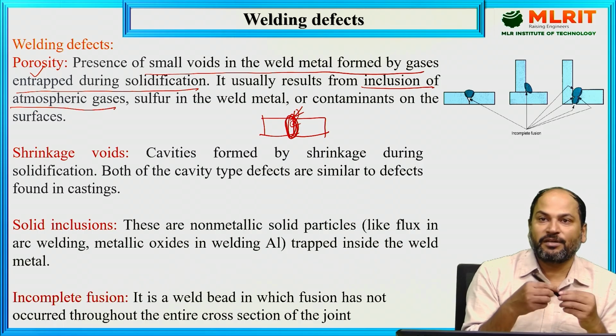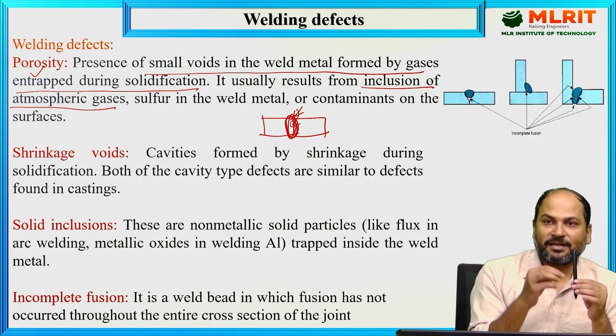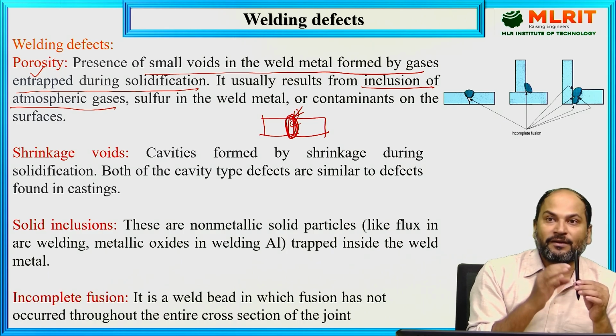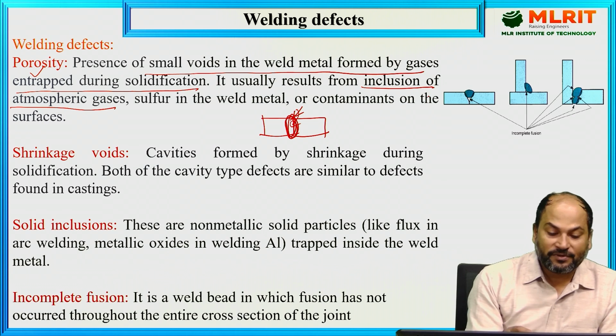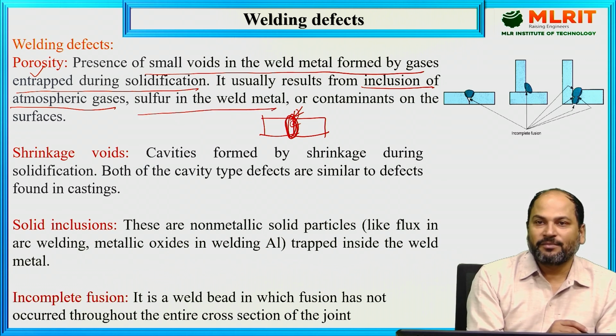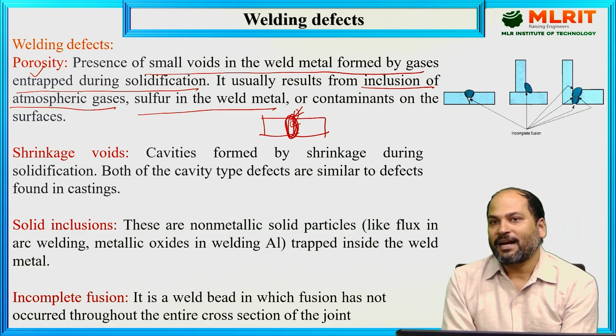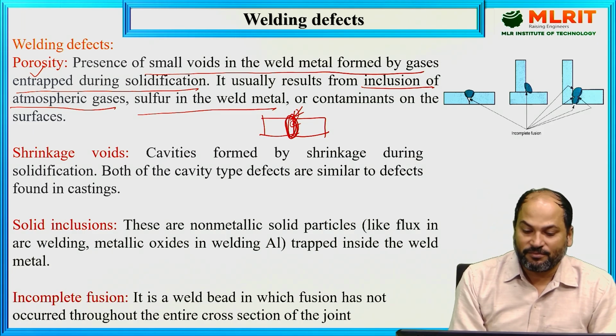Now the question will be, when it was in solid state, why was it not there? Yes, of course it was there, but its affinity was less compared to when the material is in liquid state. So besides inclusion of atmospheric gases, if sulfur is there in the weld metal, whatever material we are using, then that also will create this porosity. It will be trapped there.